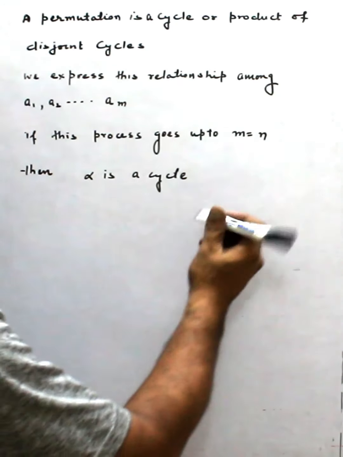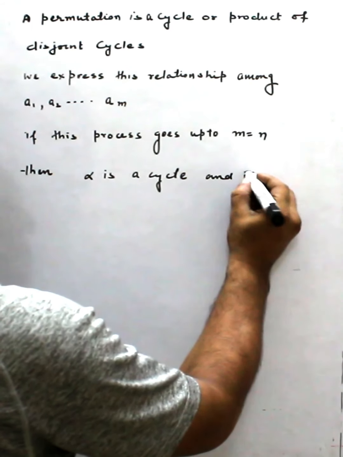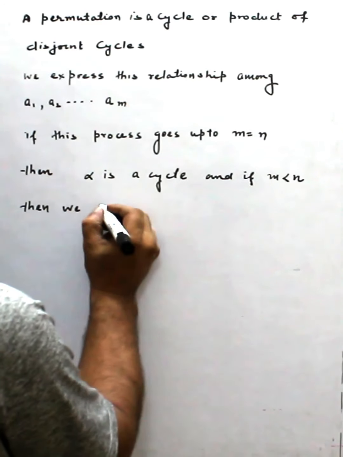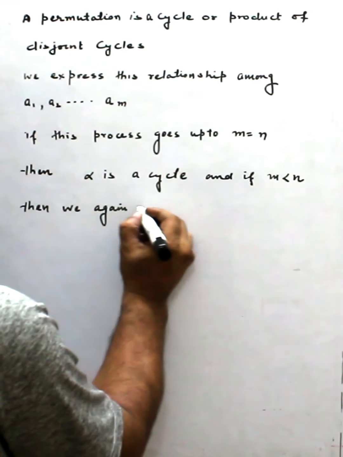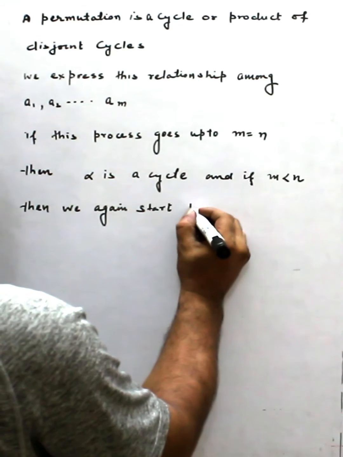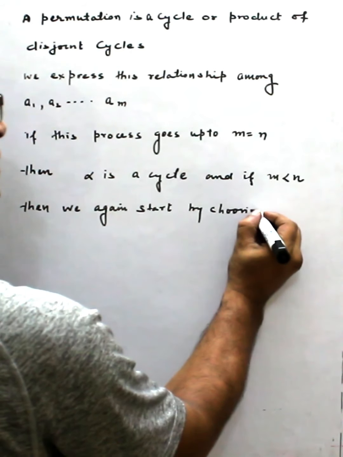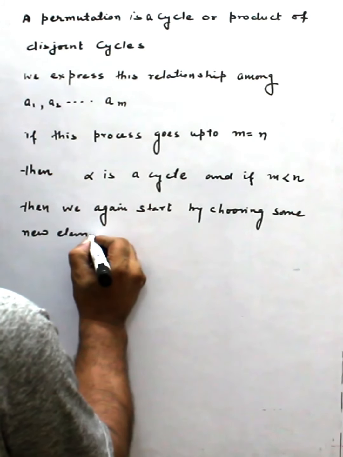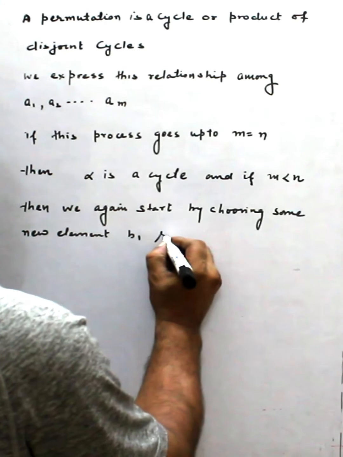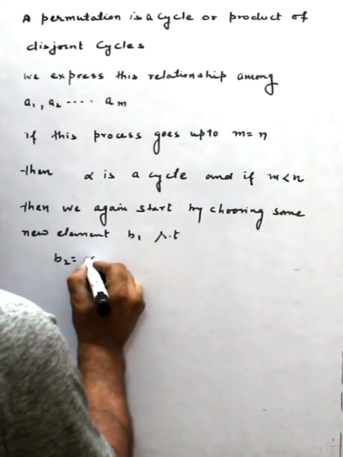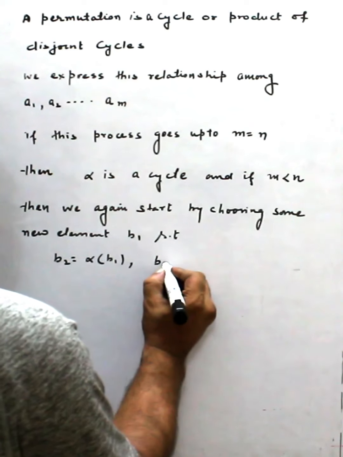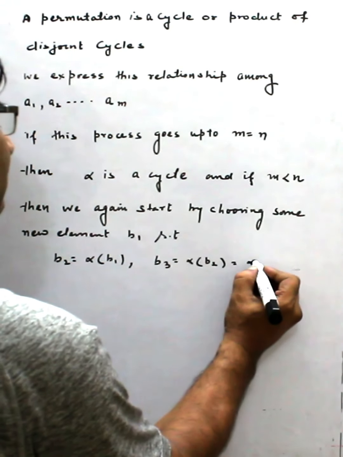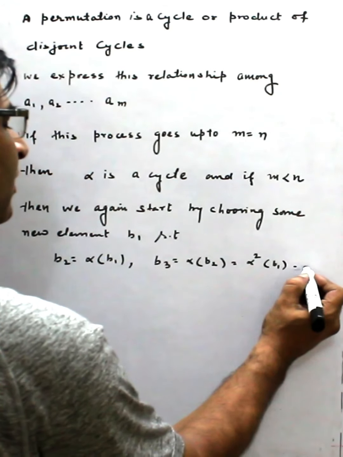And if m is less than n, then we again start by choosing some new element B1 such that B2 is equal to alpha B1 and B3 is equal to alpha B2, and this we can write as alpha square B1, and so on.